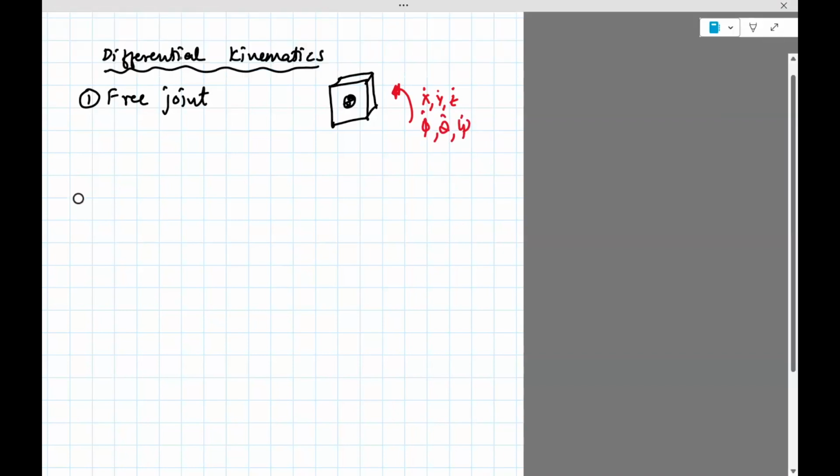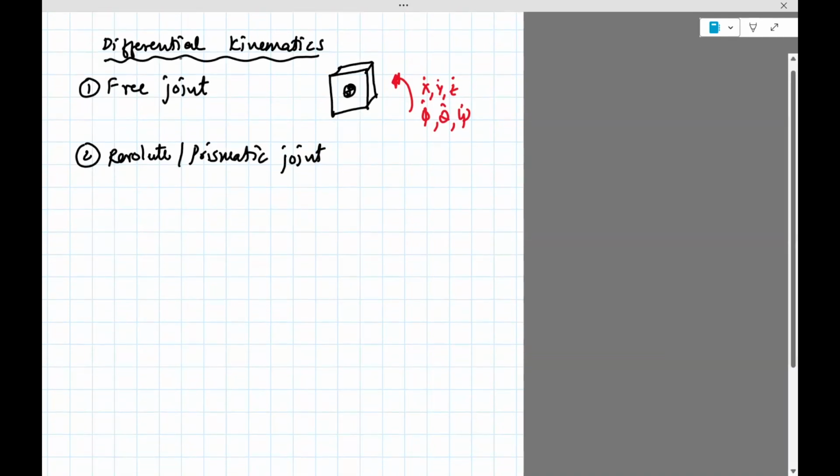And the other one is a chain. For that, we'll have a revolute or a prismatic joint. We've not seen too many prismatic joints, actually we've not seen any example of a prismatic joint, but that will be a chain. So it will be a manipulator like this. When it's free, you have 6 degrees of freedom, period.